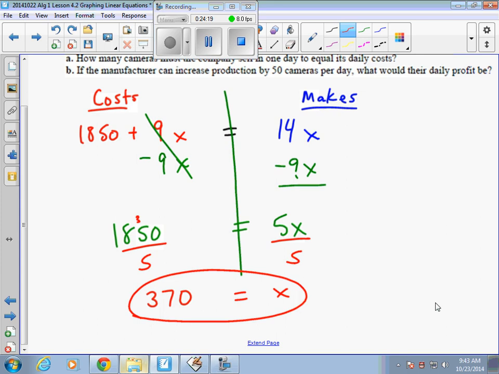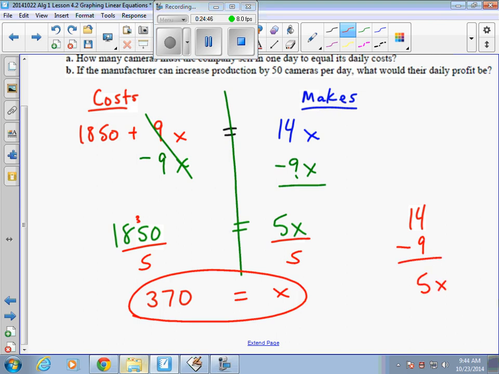It says if he increases his production by 50 cameras per day, what would their daily profit be? Okay. So, well, he sells them for $14, and it costs him $9 to make them. So 14 minus 9 says that he makes $5 per camera.